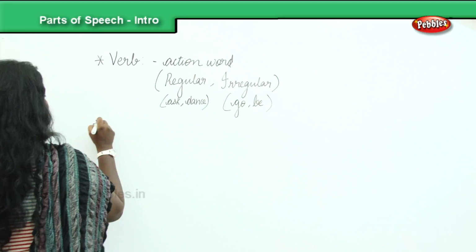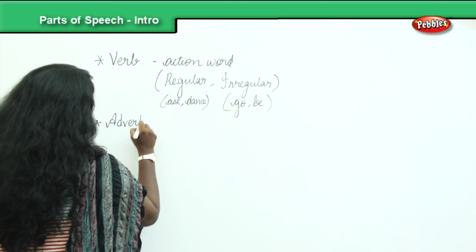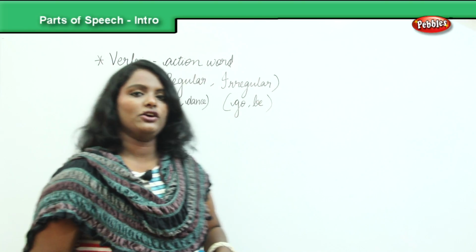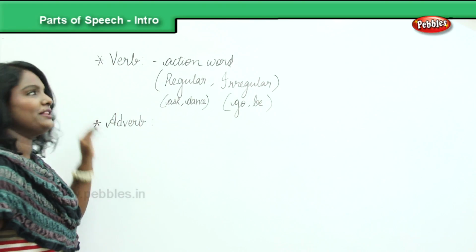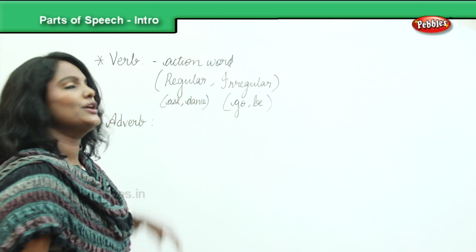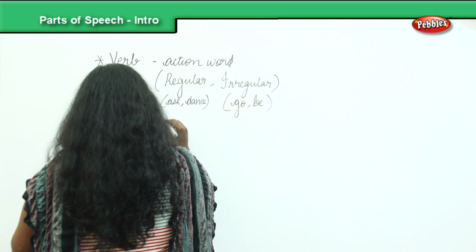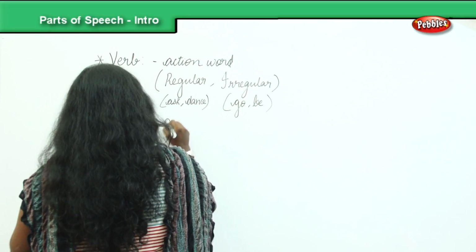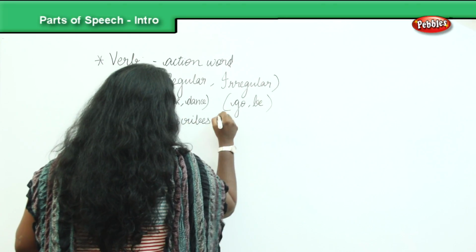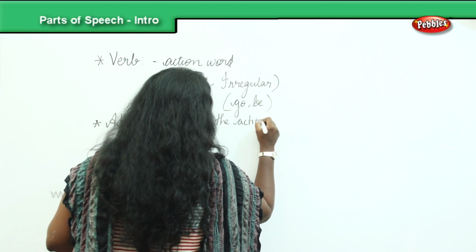Moving on to the next person is the adverb. Now, adverb is considered as the younger daughter of the family, okay? A daughter is always found helping the mother. Same thing happens here. The adverb always helps the verb. It describes the action or it gives more information about the action.